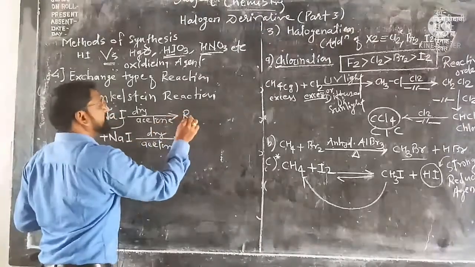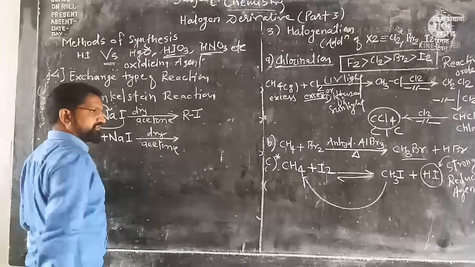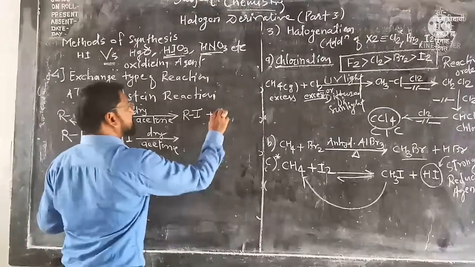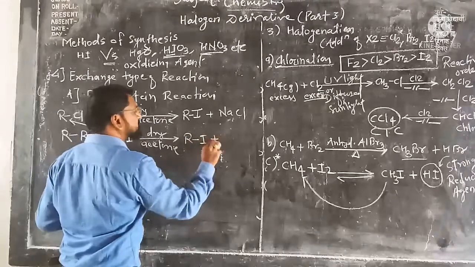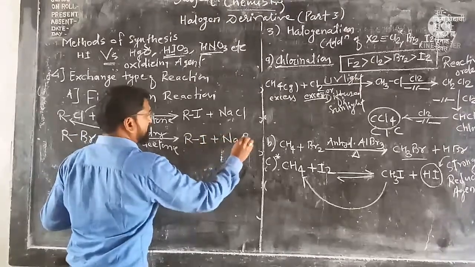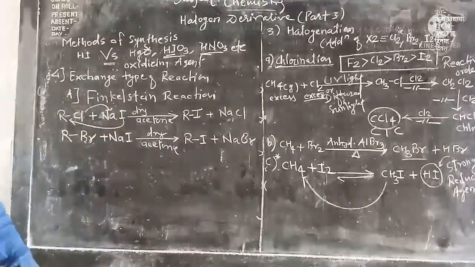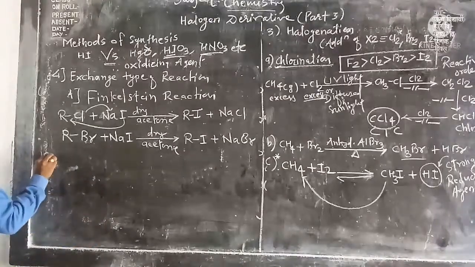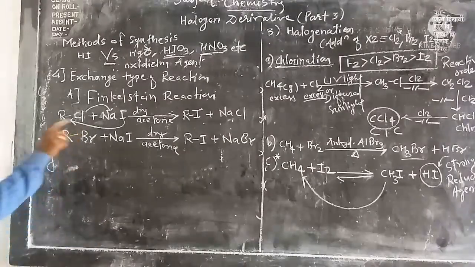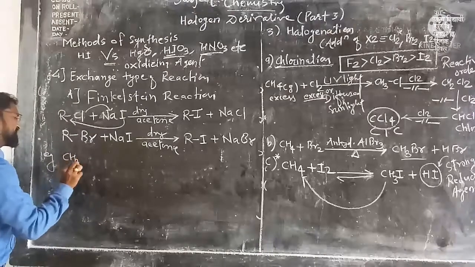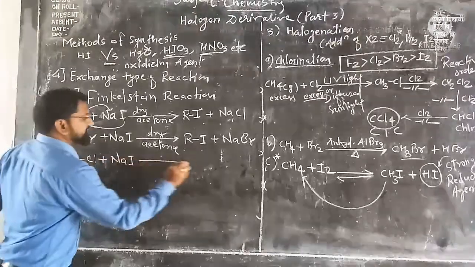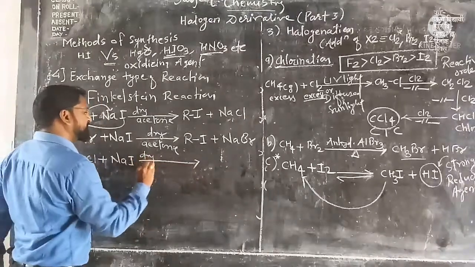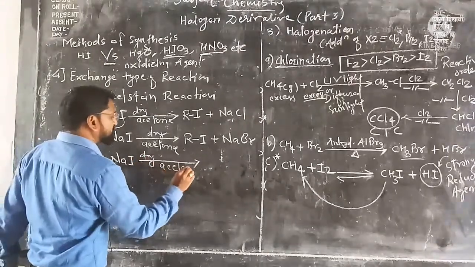So here we will get alkyl iodide plus sodium chloride, or alkyl iodide plus sodium bromide, isn't it? For example, how will you prepare methyl iodide? Take methyl chloride plus sodium iodide in the presence of dry acetone.